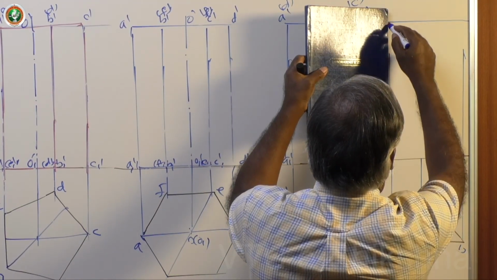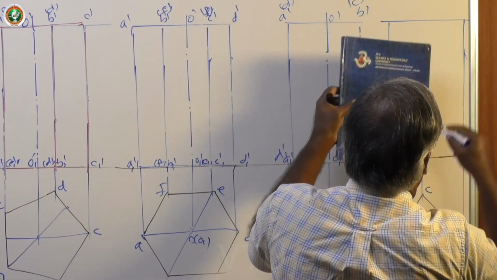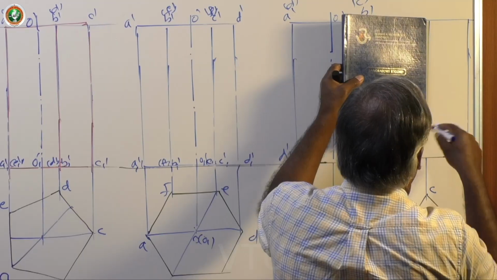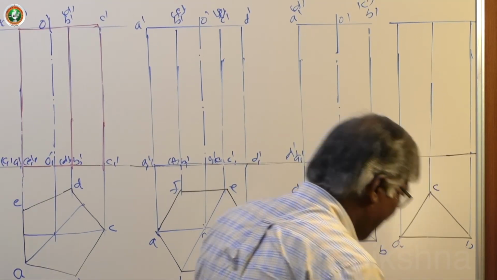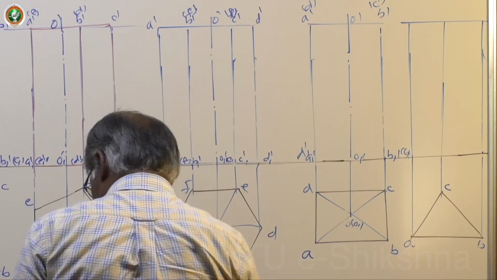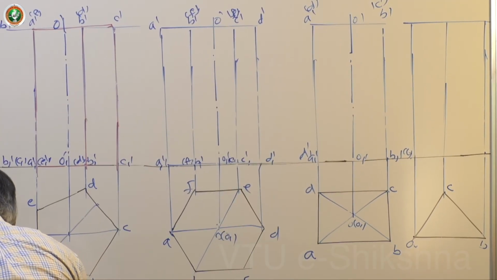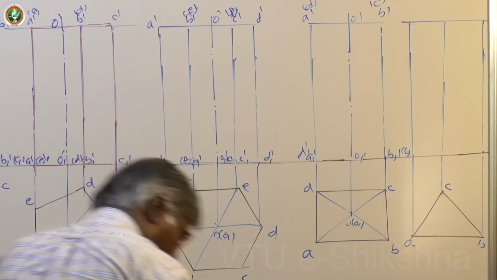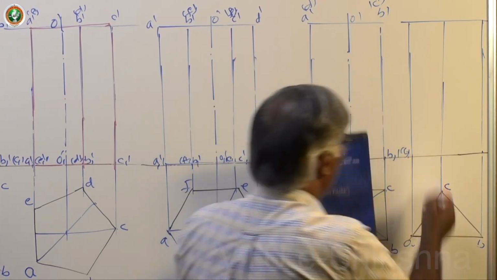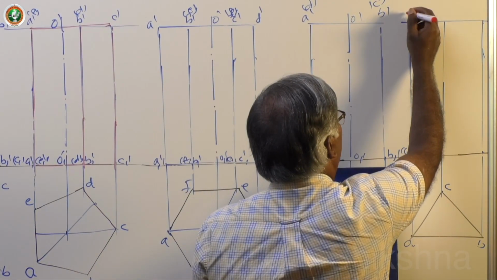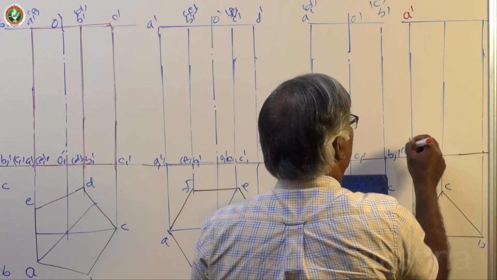Initially you make it light, then try to dark this with a suitable line. Assume that I have drawn a light line initially, then how to dark this? See, first A1 is visible, A dash, A1 dash.